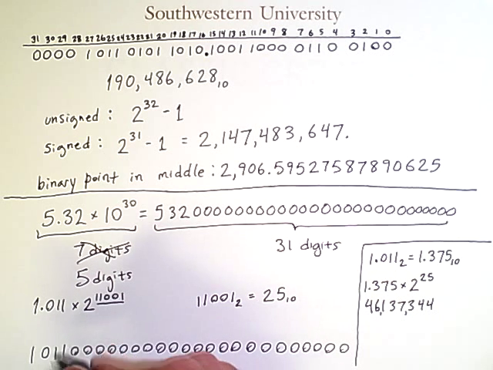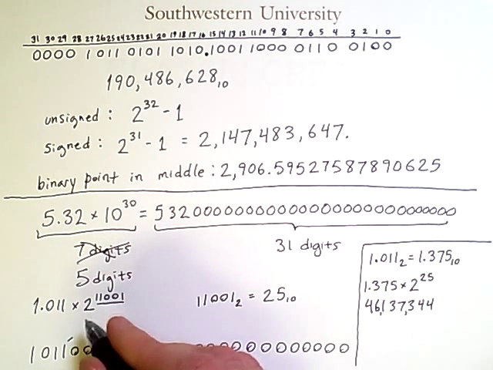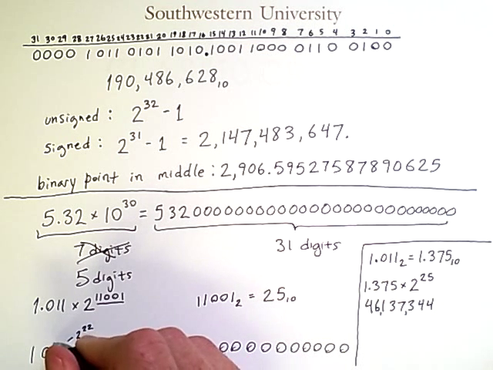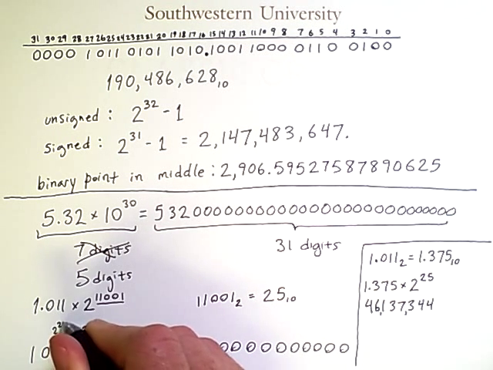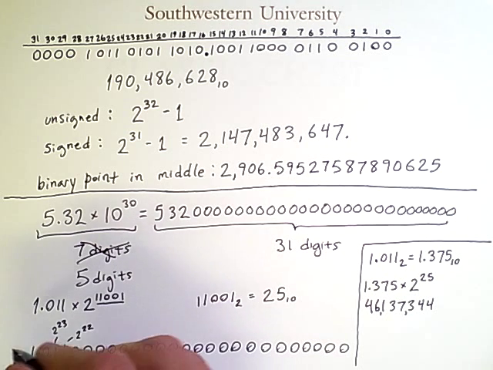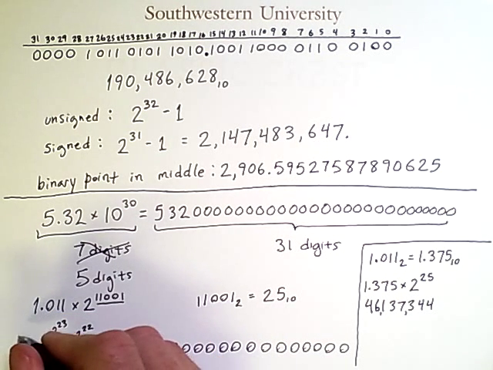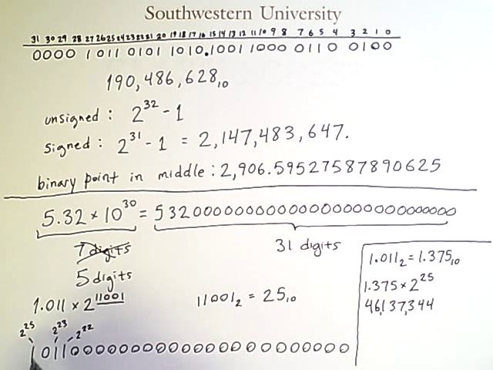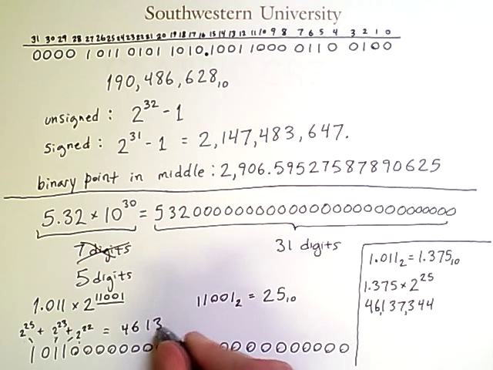So it turns out this position here corresponds to 2 to the 22nd. This is 2 to the 23rd. You can count this out from the right side. And this is 2 to the 25th. If you add these three numbers together, the result will also be 46,137,344.